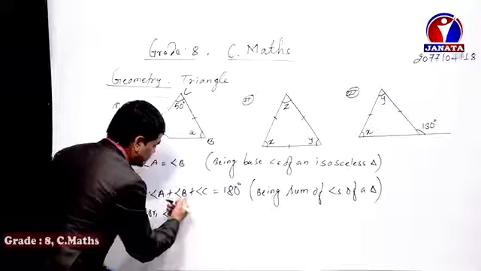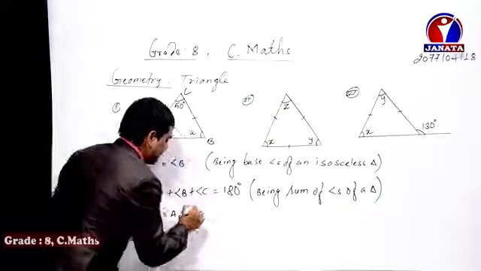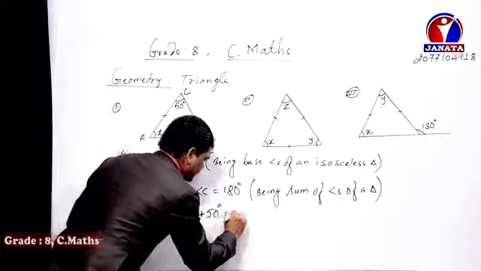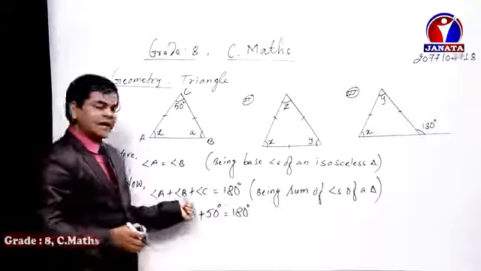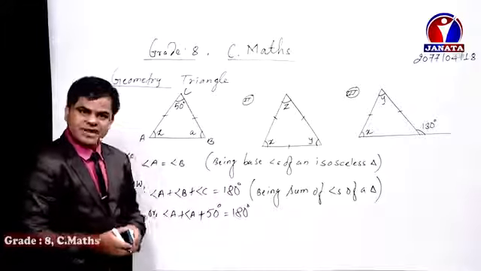So in place of angle B we can write angle A, plus angle C which we already have as 50 degrees, equals 180 degrees, being the sum of angles of a triangle.